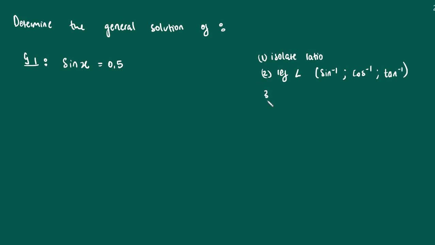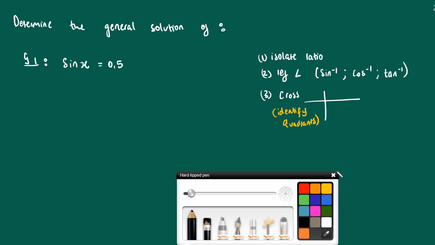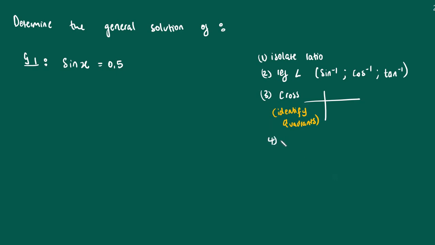Then after finding your reference angle, you make a cross, and on that cross you must identify the correct quadrants. Then from there you are done. You solve for the general solution.